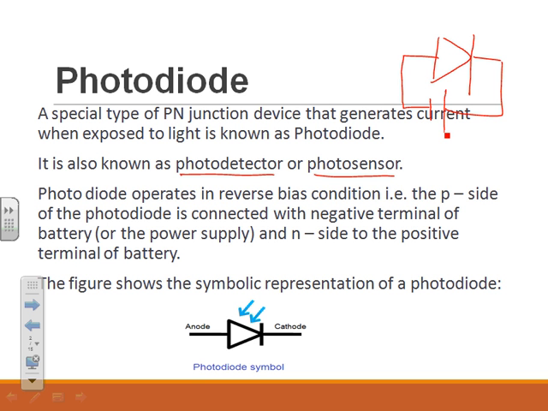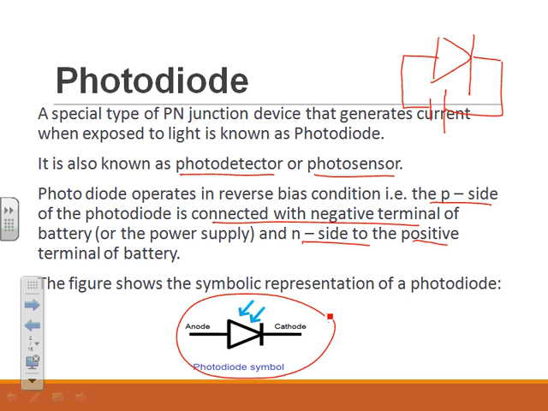Here the P side of the semiconductor, that is the positive side, is connected to the negative terminal of the battery, and the N side is connected to the positive terminal of the battery. And this is the symbolic representation of a photodiode. So here we see that the photodiode is nothing but a PN junction diode.